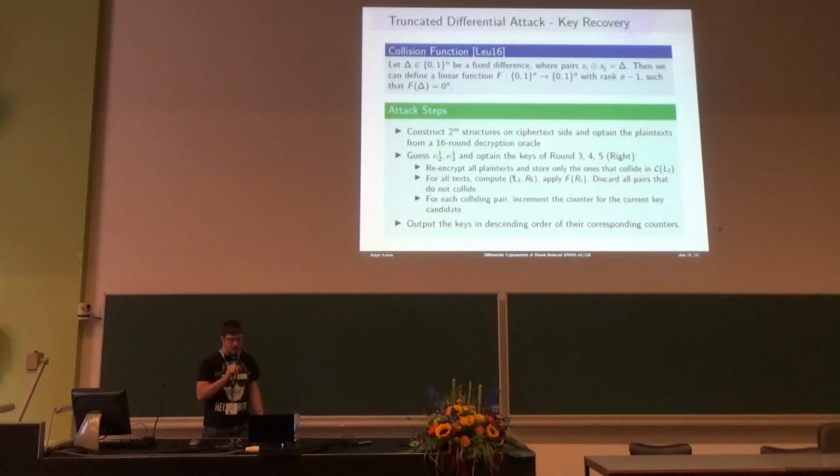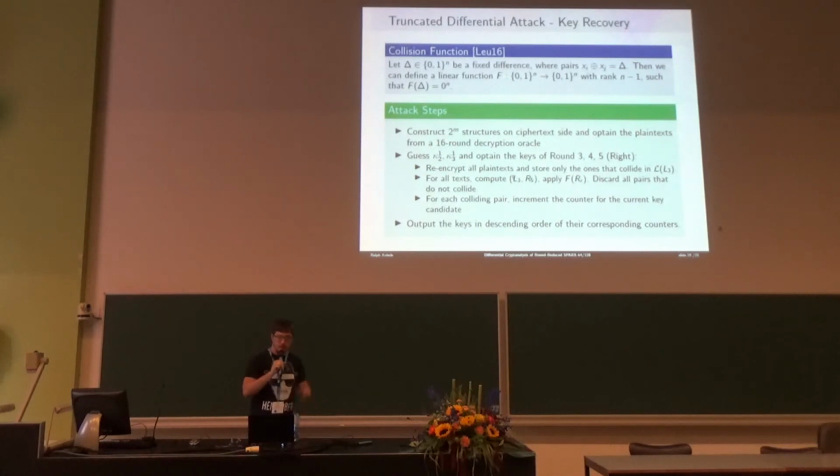For our attack, we also use a trick by Leurent, presented at Eurocrypt 2016. What he defined is a function. If we have a difference delta, and the difference is just when we XOR the pairs, then we can define a linear function f, and this function has rank n-1, so that when the pair has the difference we want, it outputs the all-zero string, which means that there is a collision.